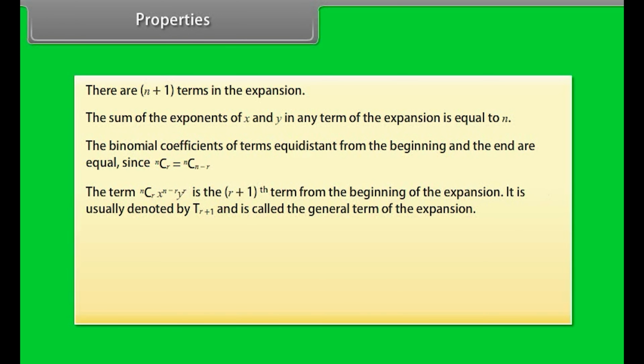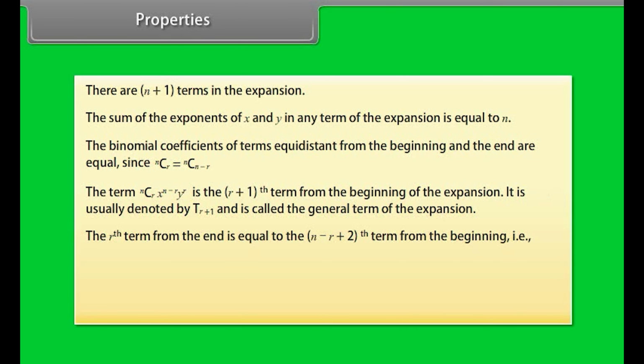The term nCr xⁿ⁻ʳ yʳ is the (r + 1)th term from the beginning of the expansion. It is usually denoted by t(r+1) and is called the general term of the expansion.